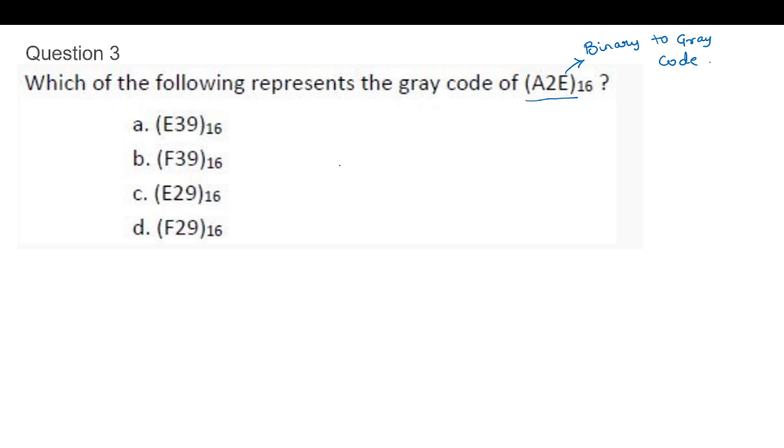A is 10 and E is 14. Our binary code is 8421 code. So 10 is represented as 1010, and E, 14, is 1110. So this is the code.